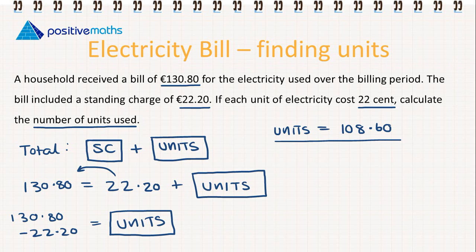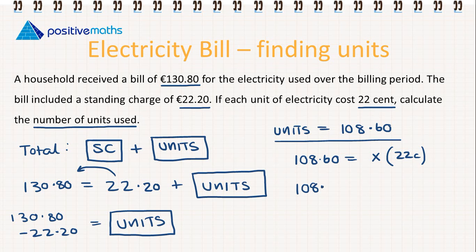Okay, so that's not what we're asked for. What we're asked for is to calculate the number of units used. Okay, so if we have 108.60, okay, is equal to the number of units. Let's say it's equal to X is the number we've used multiplied by 22 cents. Okay, we're looking for X, which is the number.